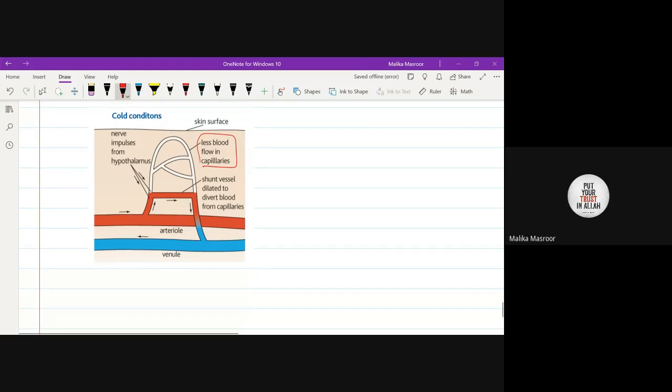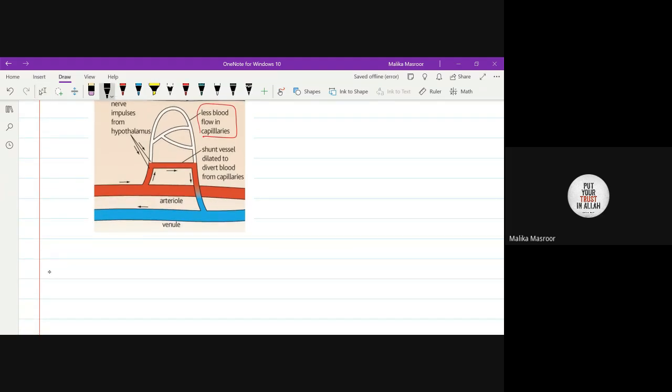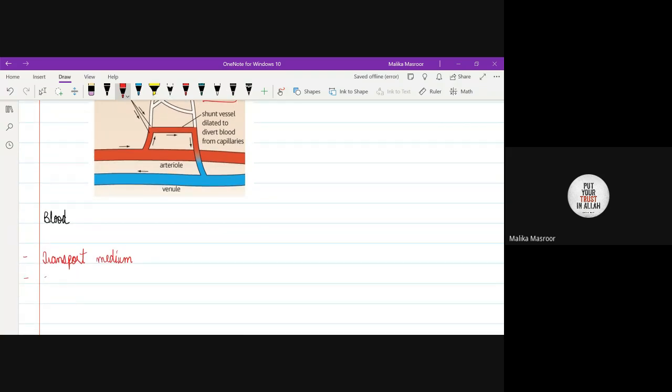Okay, now let's talk about the blood. So blood is a transport medium. It consists of RBCs, WBCs, and platelets which are floating in a liquid called plasma.